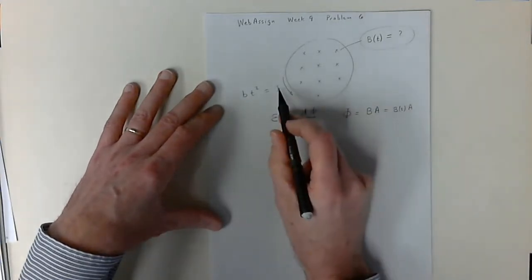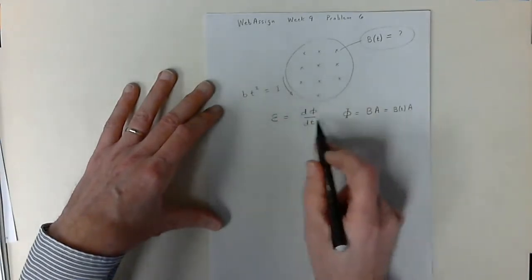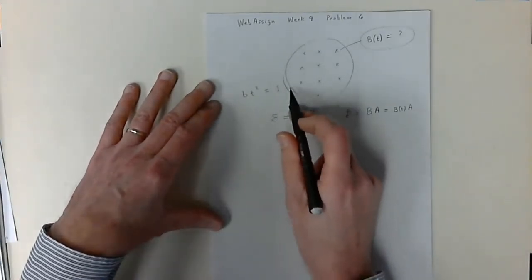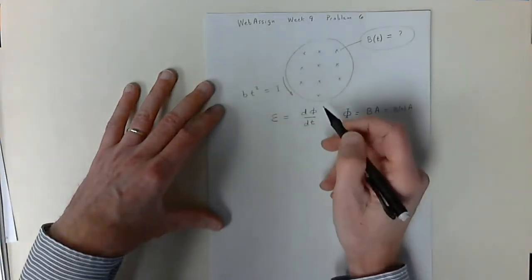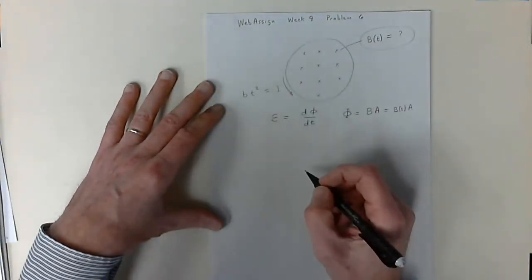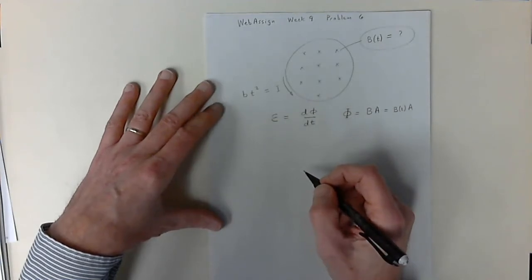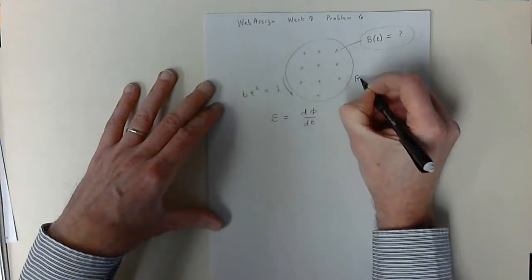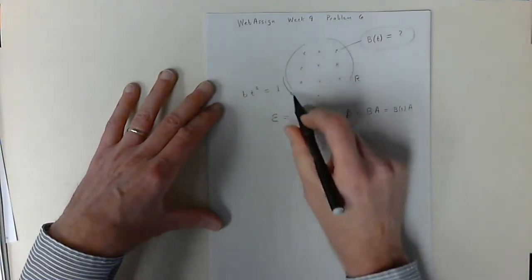Now, what we're told is current, but what I'm talking about here is EMF. How are those two related? Current will flow around here. Well, the EMF is sort of like the battery that drives the current around, but the other factor in here is the resistance of the wire.